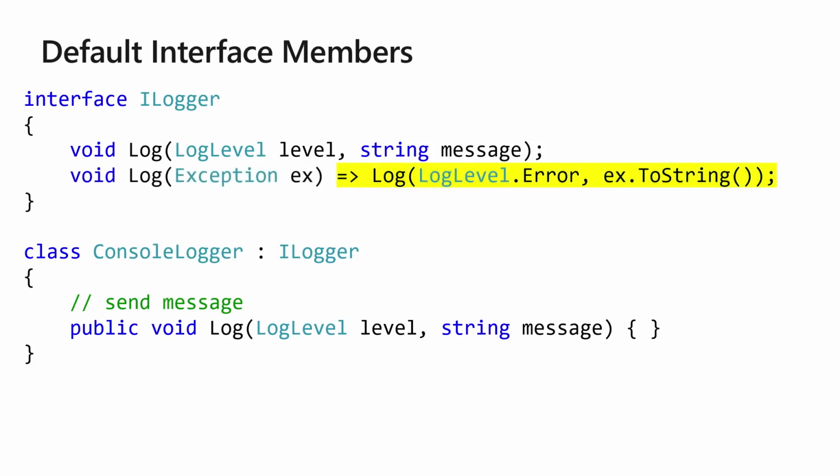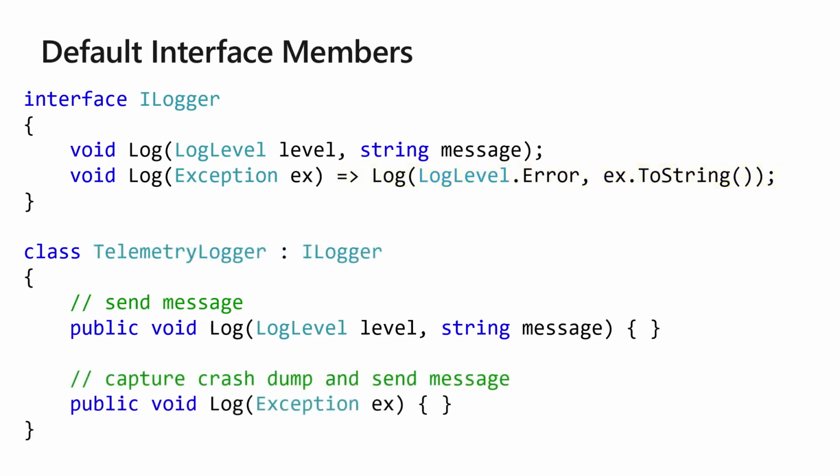But we're now adding the ability to add members with a method body, which is a little unusual for interfaces, but it's going to be really useful, because now existing implementers like console logger down here can get that default implementation without having to change, and therefore you've added that member without breaking them. Of course, new implementations will likely provide their own implementation.